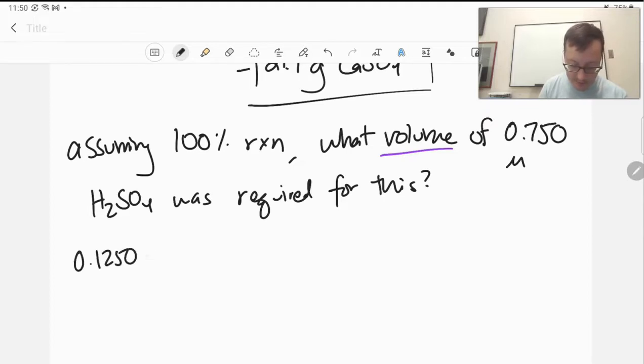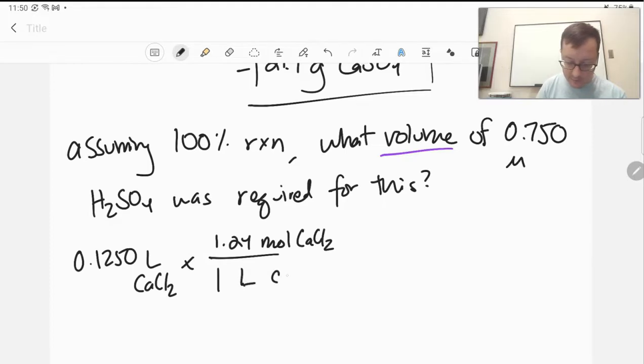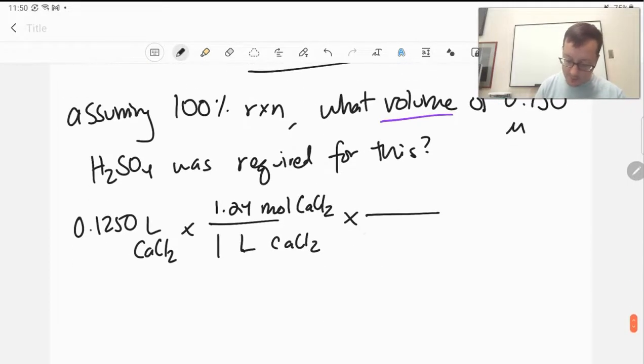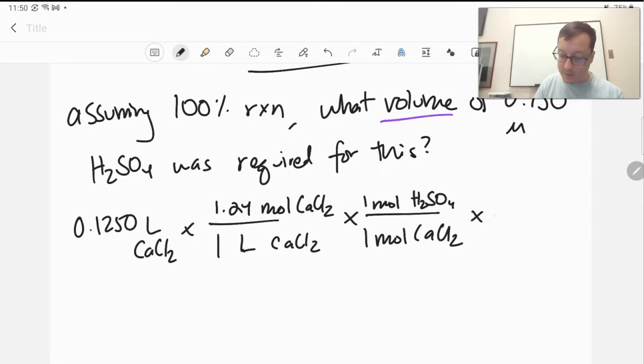0.125 liters of calcium chloride times 1.24 moles of calcium chloride per liter calcium chloride. We have our reaction coefficients, which I believe were both 1. Yep. 1 mole calcium chloride, 1 mole sulfuric acid. And then we have our molarity.